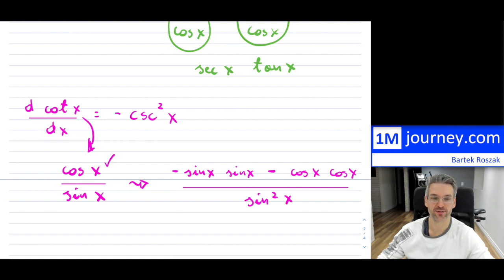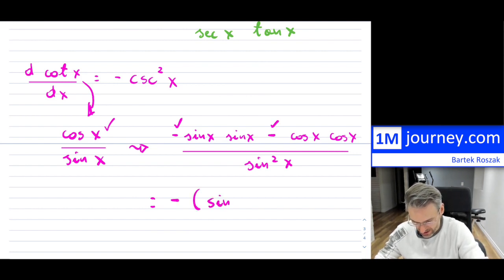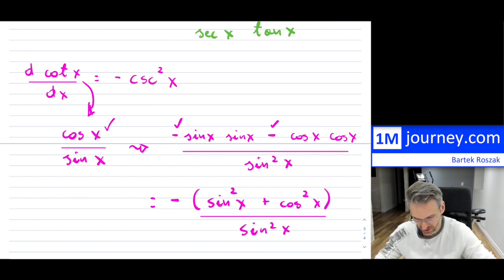That's what I would have. Now manipulating this, I can take out the negative from both. And then I'm going to get sine squared x plus cos squared x all over sine squared x.